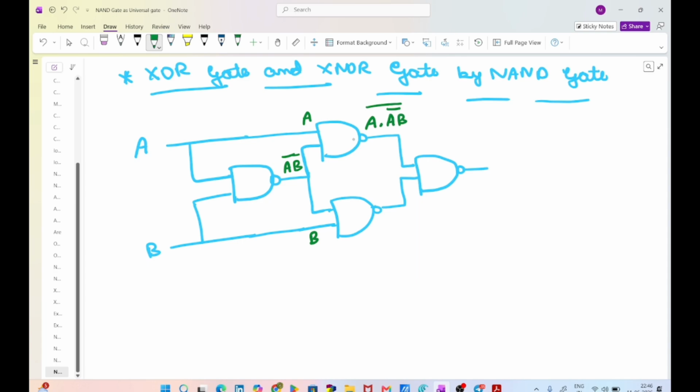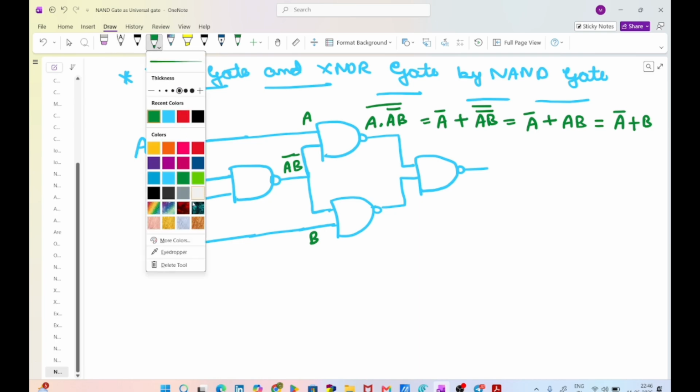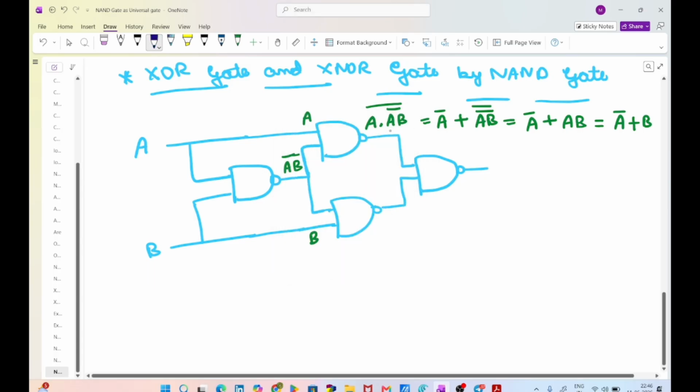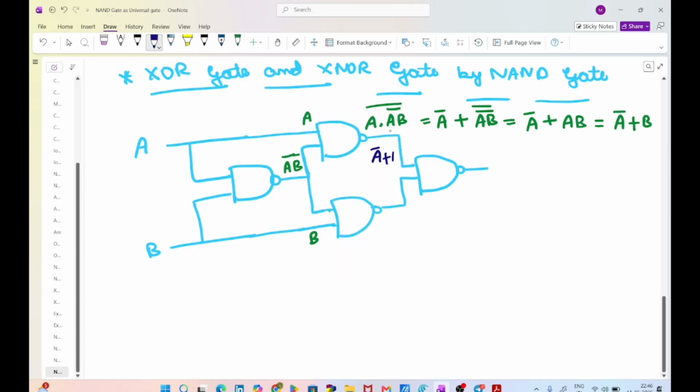That will become A bar plus A B bar whole bar, and then A bar plus A B. We know that A B bar whole bar is A B, and then by the distributive law it can be written as A bar plus B. Let us write it here as A bar plus B.